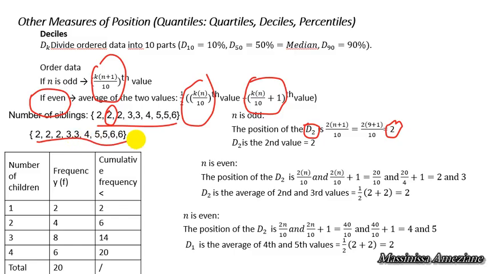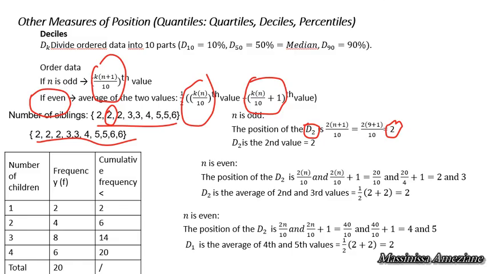Now here we have n equals 10, which means an even number. As we said, when we have an even number, that means we have two different positions. Then we take the average of their values. So for the first position, it is 2 times the number of observations divided by 10, 2 times 10 divided by 10, which is 2.